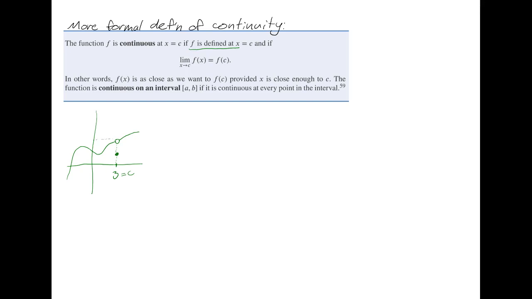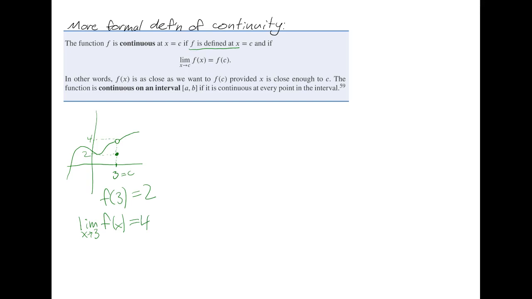Maybe this point has y-coordinate 4, and here the y-coordinate is 2. So f of 3 exists, it is defined, and it is 2, but the limit as x approaches 3 of f of x is equal to 4, because the y-coordinates here are getting closer to 4. Those aren't equal, so it's discontinuous.